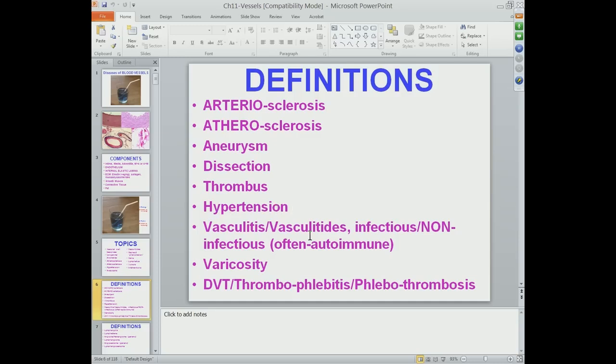Simple as that. The vasculitides are the same as the various vasculitis, and even though most of them are non-infectious, in other words, we can't identify specific external pathogenic antigens causing those inflammatory reactions, a few of them are. Varicosity is a term applied chiefly, in fact exclusively, to veins.